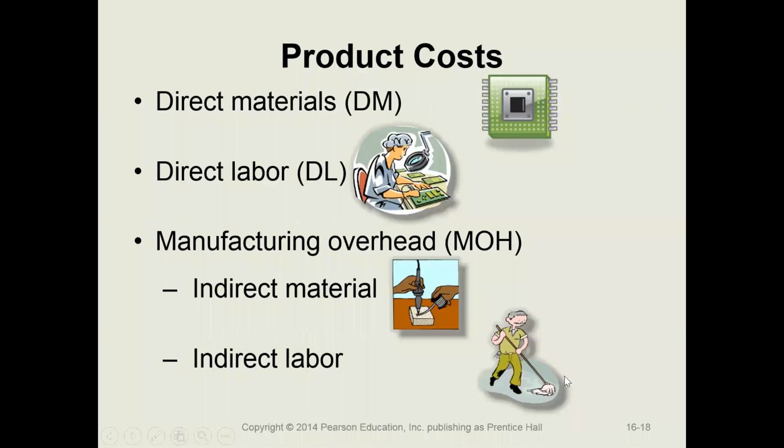Okay, but the janitor's time cannot be traced directly to the product, so it's indirect. Okay, so again, three different kinds of costs in a manufacturing process: direct materials, direct labor, and manufacturing overhead.